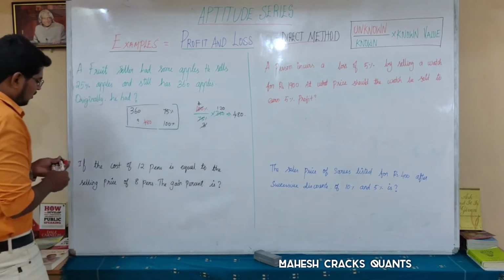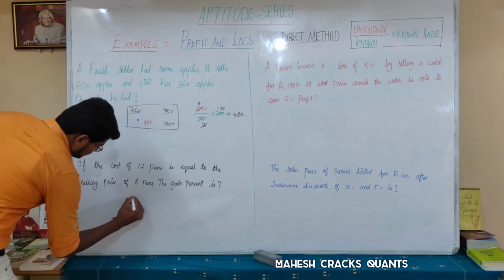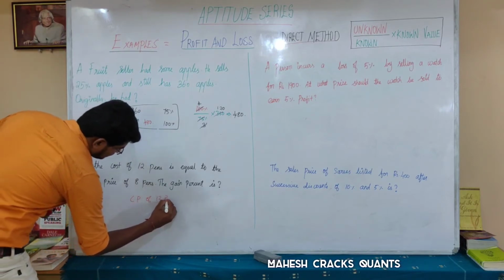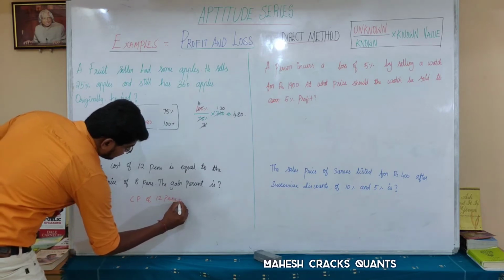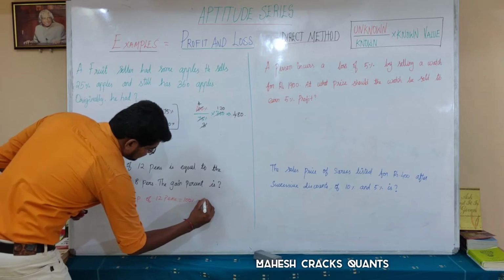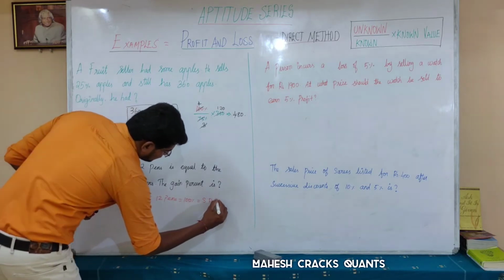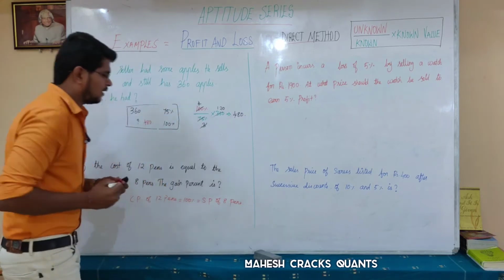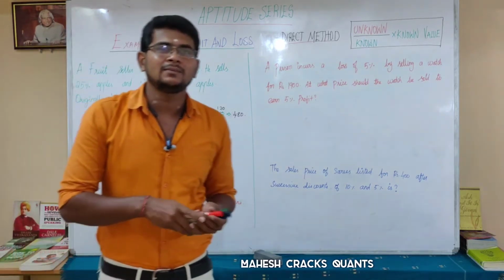So we'll take it down. CP of 12 pence equal to 100% is equal to SP of 8 pence. So now I came to know the selling price of 8 pence.